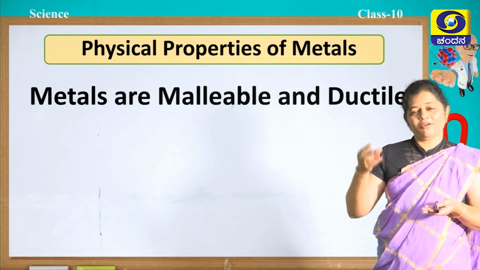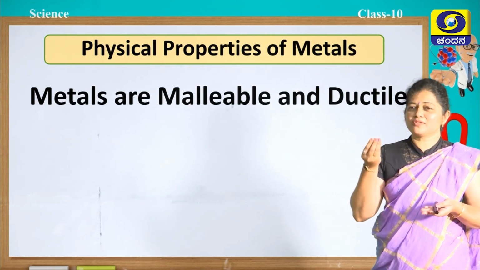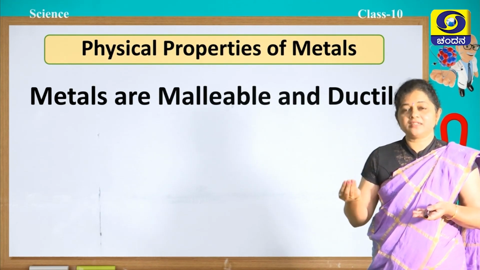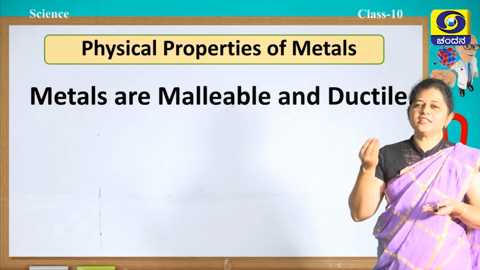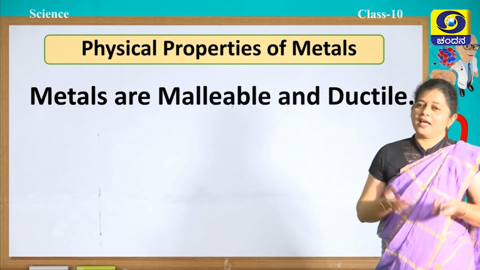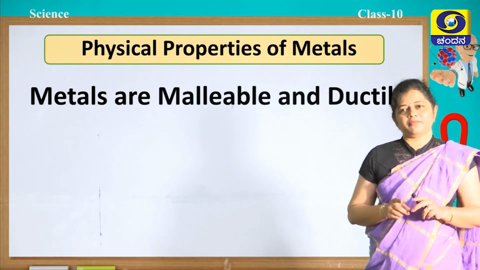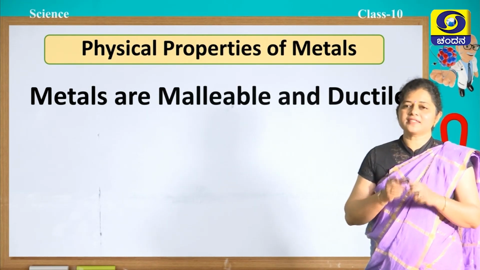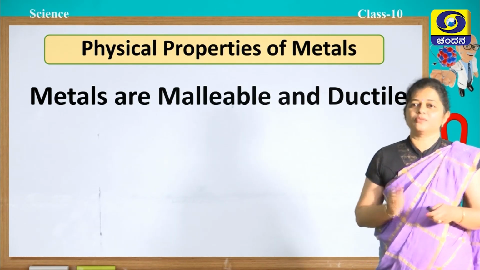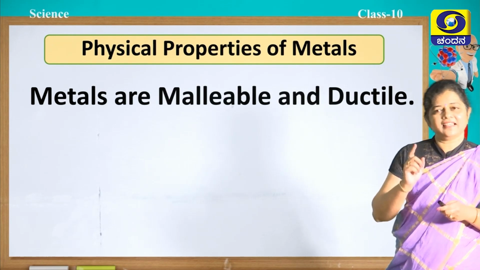So, these are metal strips, so they can be so thin. Metals can be beaten into very, very thin sheets, and this property is called malleability. And ductility is another property of metal wherein the metals can be drawn into very, very thin wires, and that property is called ductility.